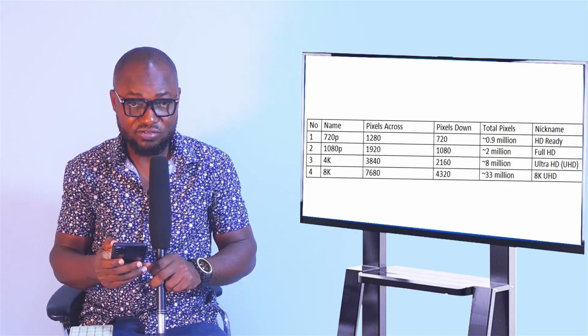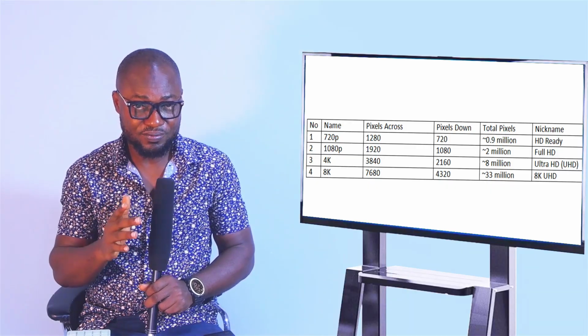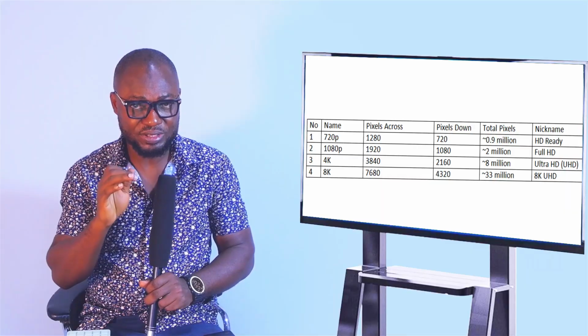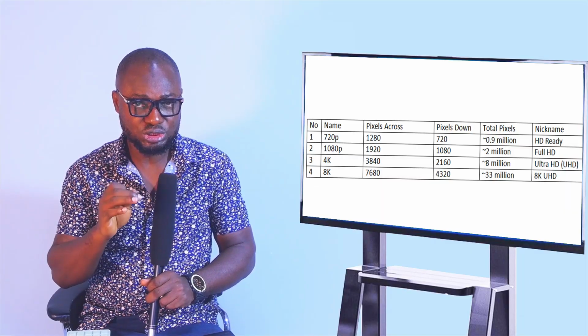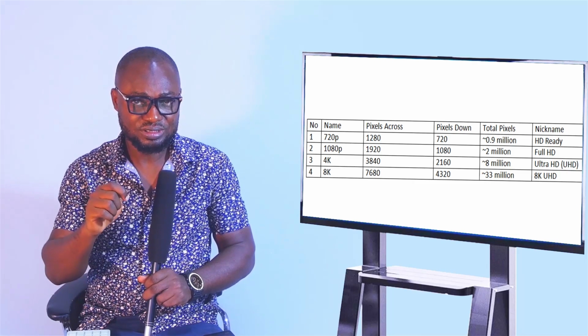Number 3 is 4K. Remember the formula for the total pixels and the resolution: multiply the pixel across by the pixel down.